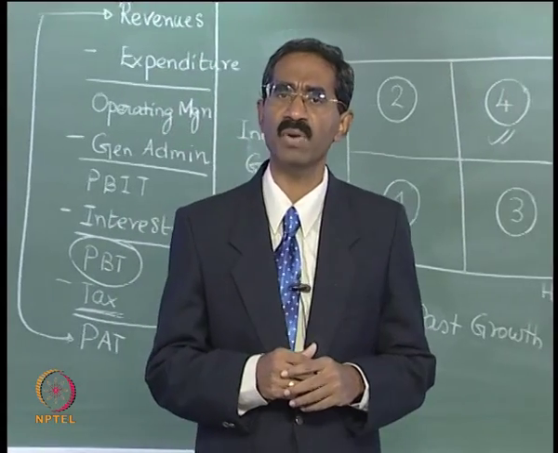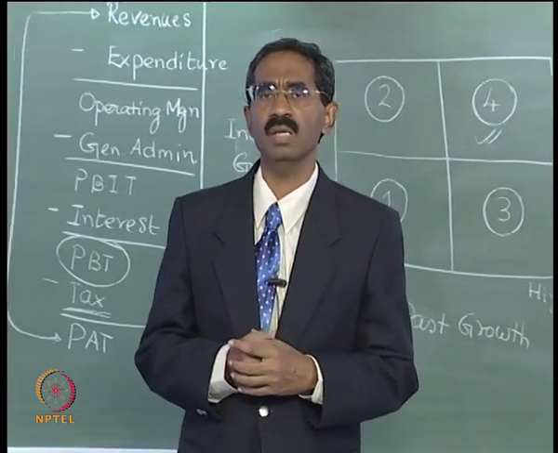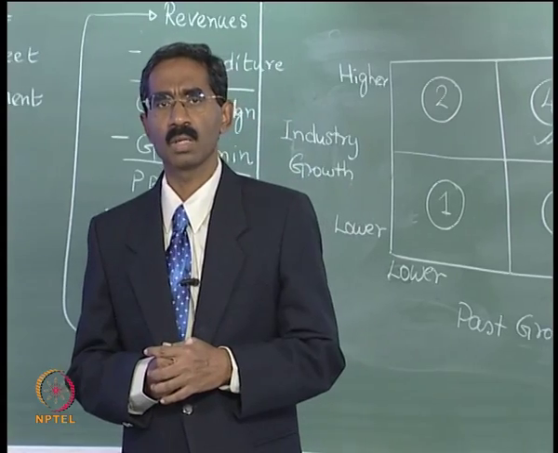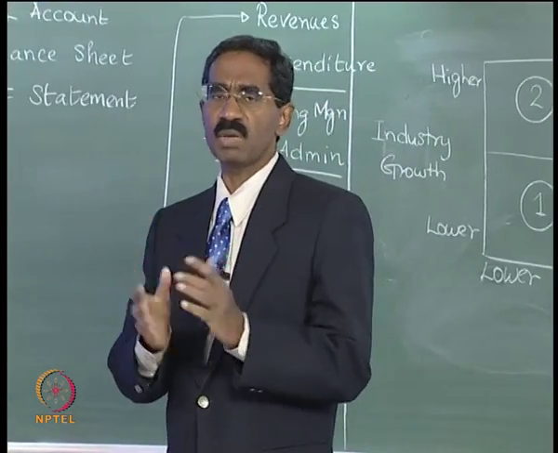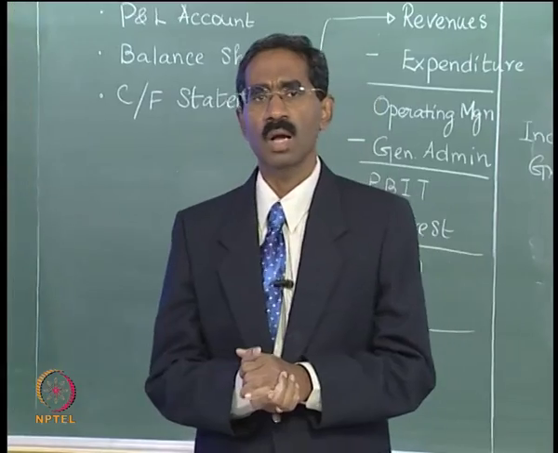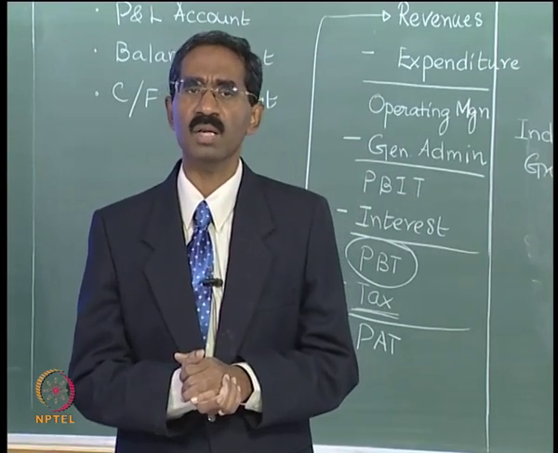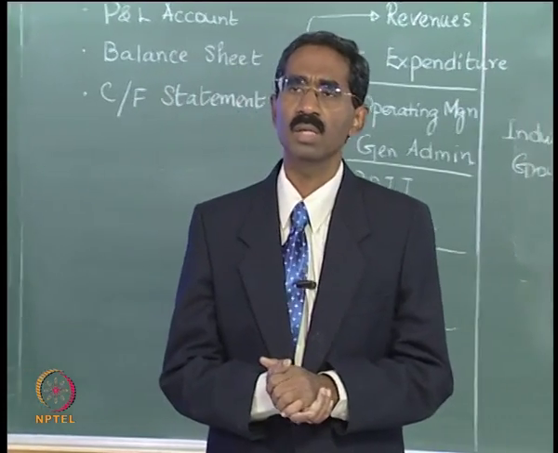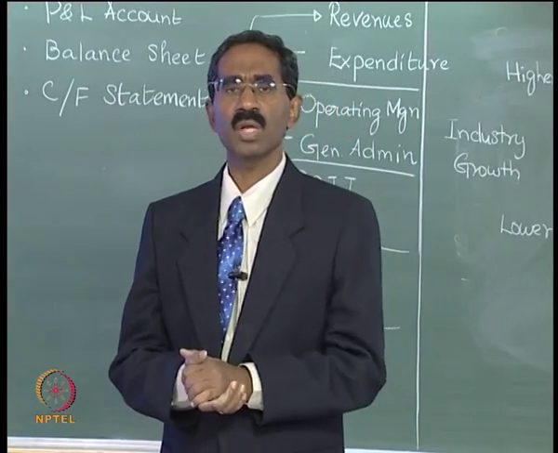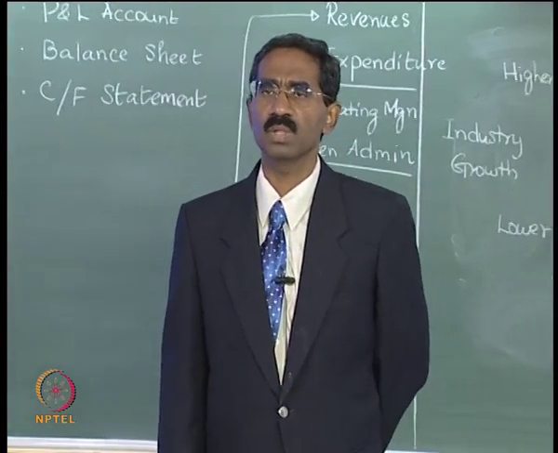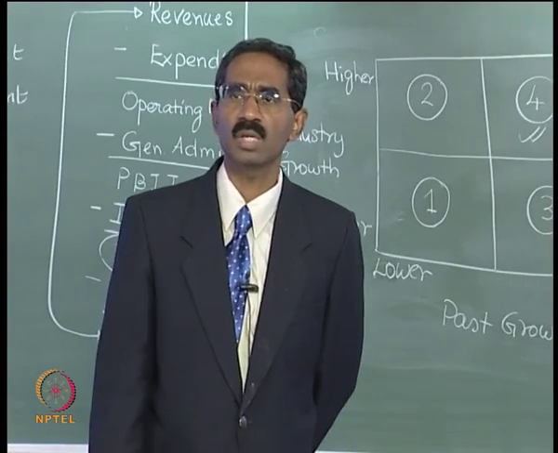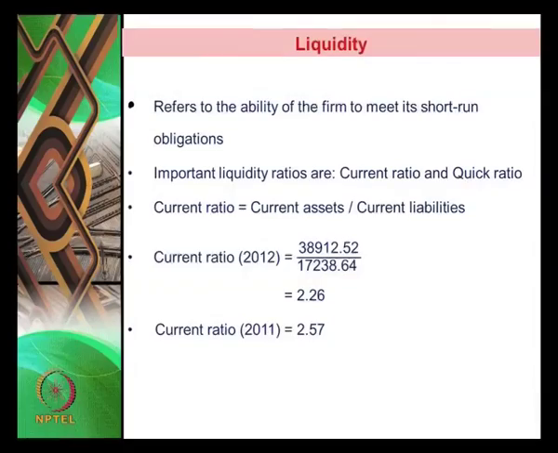Current ratio is defined as the current assets by current liabilities. Both the information is available in the balance sheet, and if we have to calculate the current ratio for 2012, it is nothing but 38912.52 divided by 17238.64. So this gives a number of 2.26.